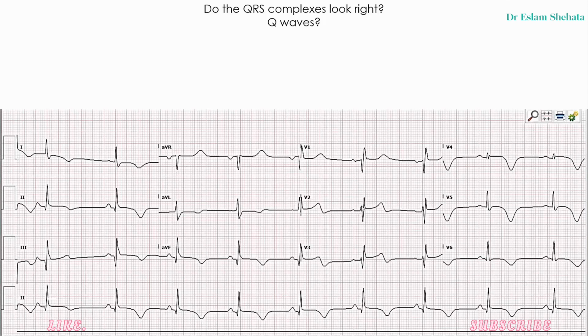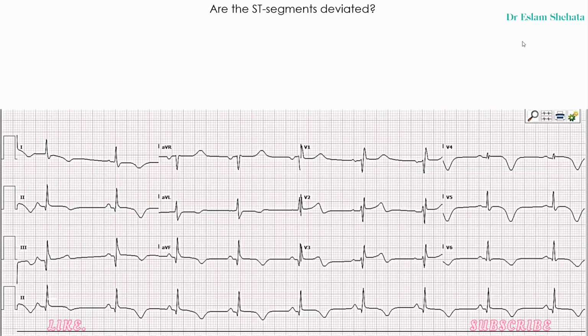So we've got this RSR pattern. We're already quite positive in V1, so in terms of our R-wave progression, that's already abnormal. Remember, that shouldn't happen until we're in V3 or V4. So these are abnormally shaped QRS complexes, and although we haven't discussed this yet, this is because this is a right bundle branch block pattern.